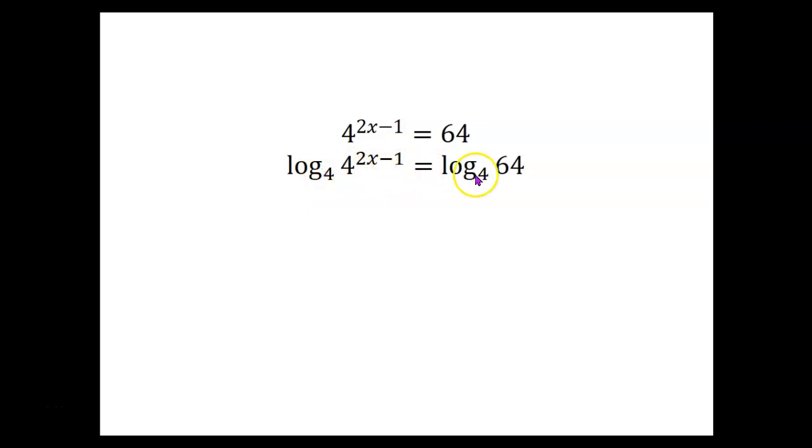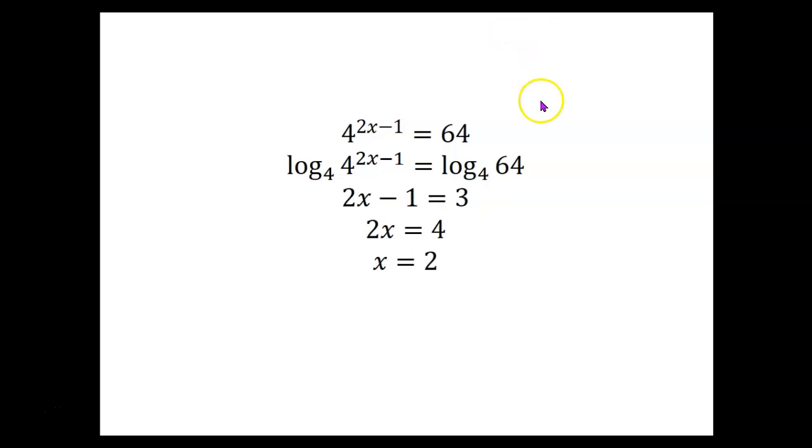So we're taking base 4 logarithms of both sides. On the left side, that just undoes the exponential function and gives us 2x minus 1. On the right side, the base 4 logarithm of 64 is 3. That's the power you have to raise 4 to get 64. And from here on out, it's pretty easy. Add 1 to both sides, divide both sides by 2, x equals 2.